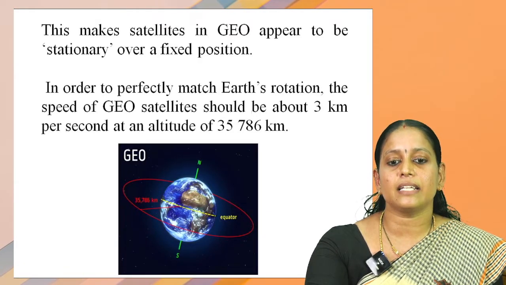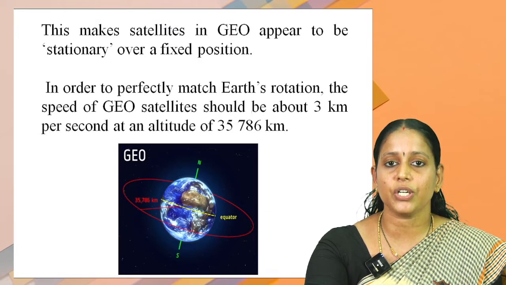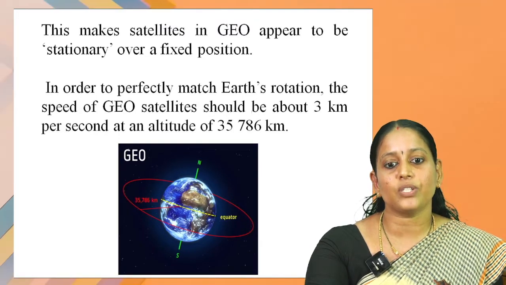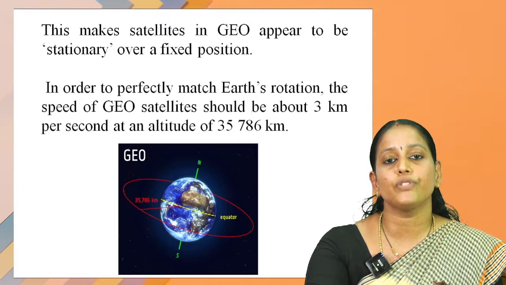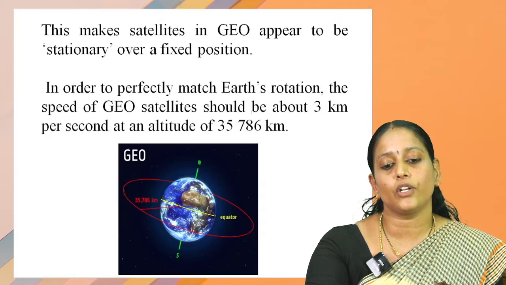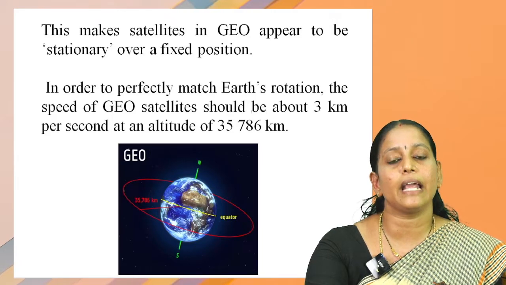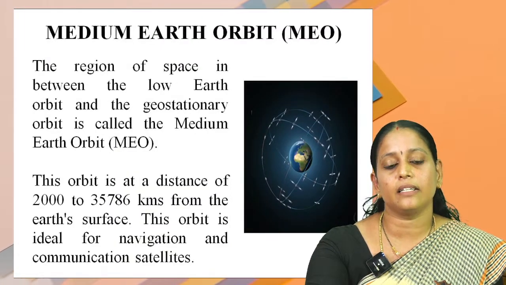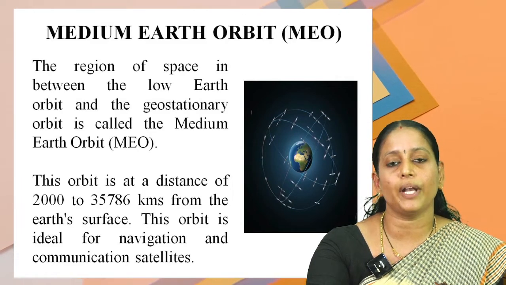This makes satellites in GEO appear to be stationary over a fixed position. In order to perfectly match the earth's rotation, the speed of a GEO satellite should be about 3 kilometers per second at an altitude of 35,786 kilometers.